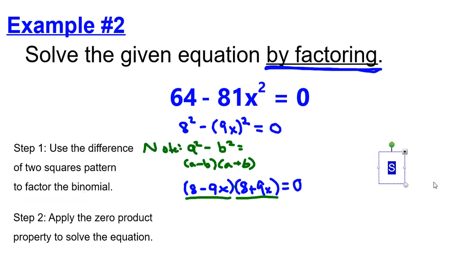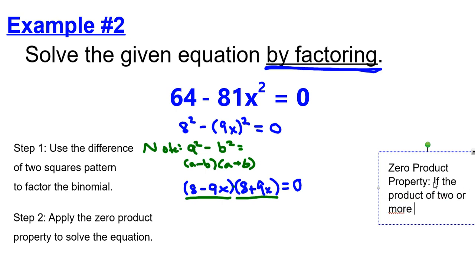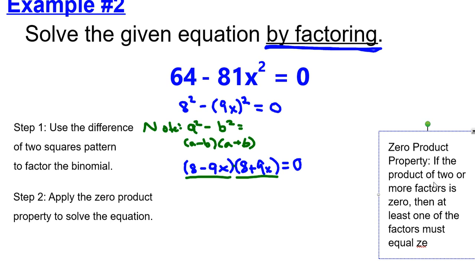The zero product property says if the product of two or more factors is 0, then at least one of the factors must equal 0.